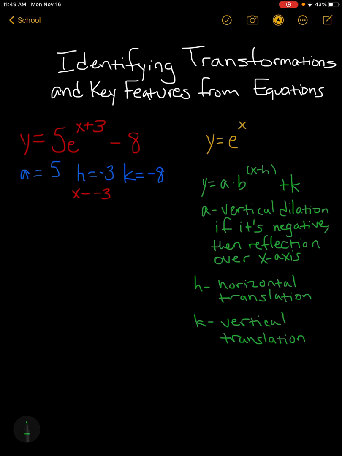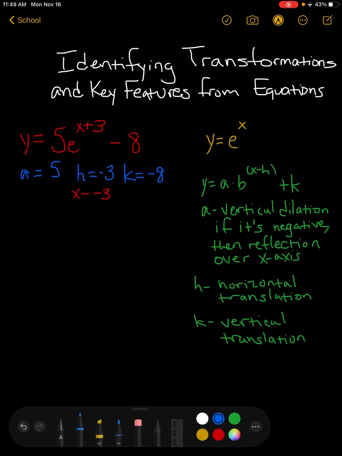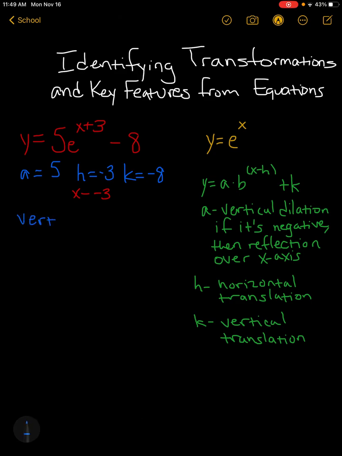So using those definitions, we're going to take it back to our example here, and we're going to say, well, a is a +5, so it's going to be a vertical dilation by 5. And since it's positive, we don't have to worry about the reflection. Now for the h value of -3, -3 is going to tell me that it's going to be horizontally translated to the left 3.